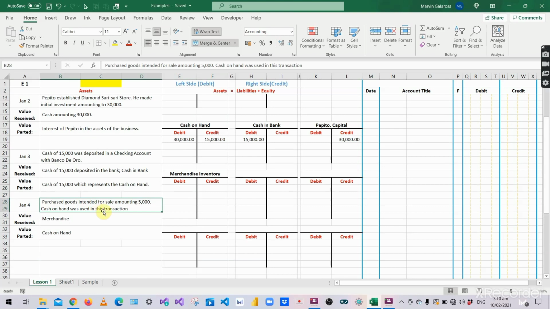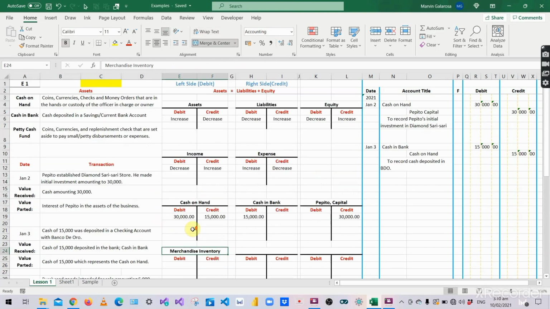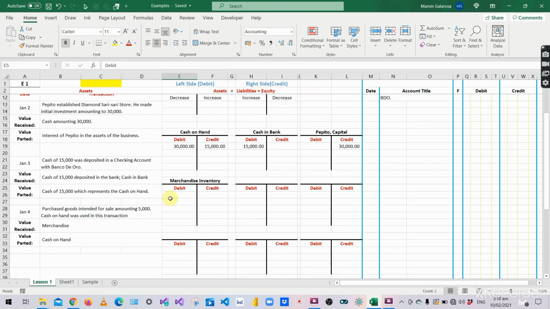So, we purchase merchandise amounting to 5,000. Since ang merchandise inventory under siya ng assets. Ang increase sa asset recorded sa debit side. So, lagay natin yung 5,000 pesos under the debit ng merchandise inventory. And then, nabawasan naman yung ating cash on hand.